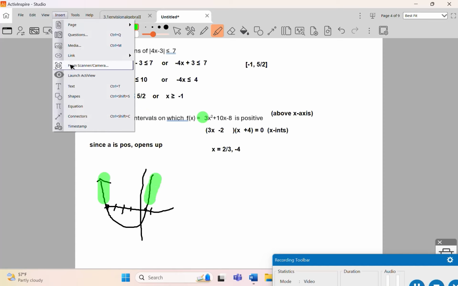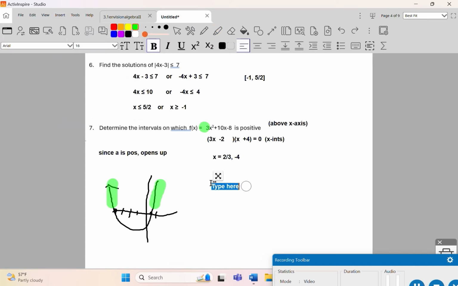Now that left tail that runs left is formed by the -4. But the symbolism, since I'm running left, is that I'm less than. That right tail happens where x is 2/3, but since I'm running right, greater than.